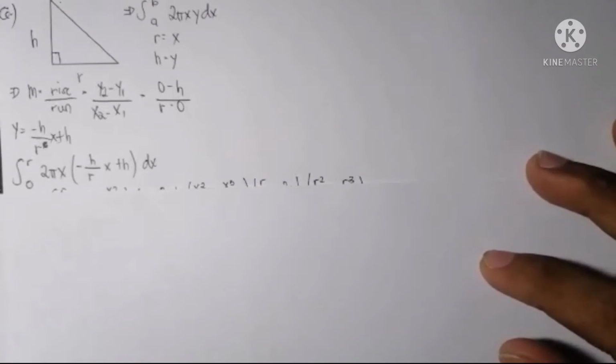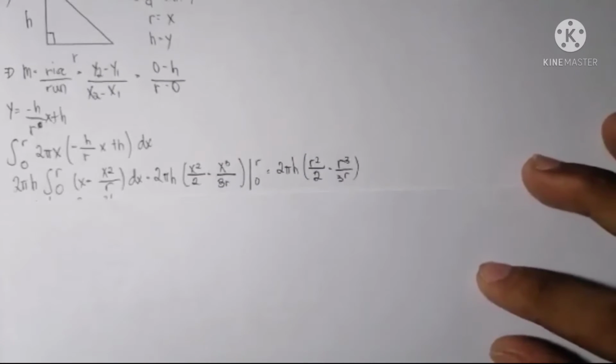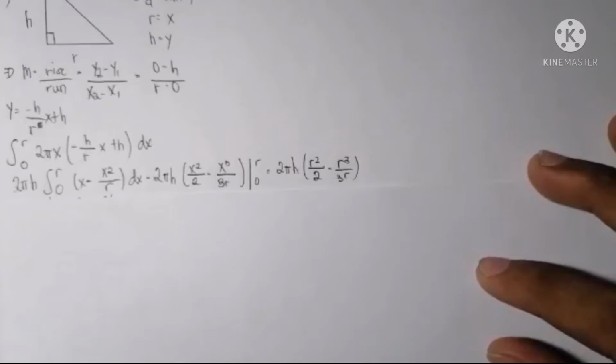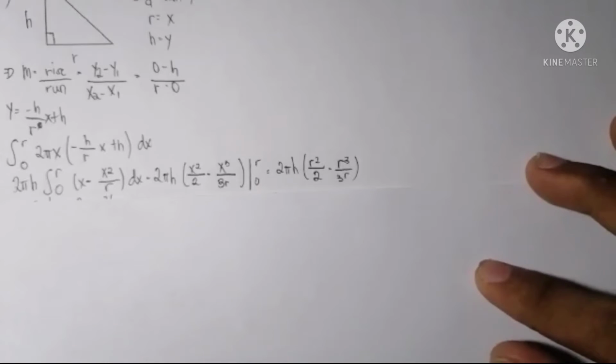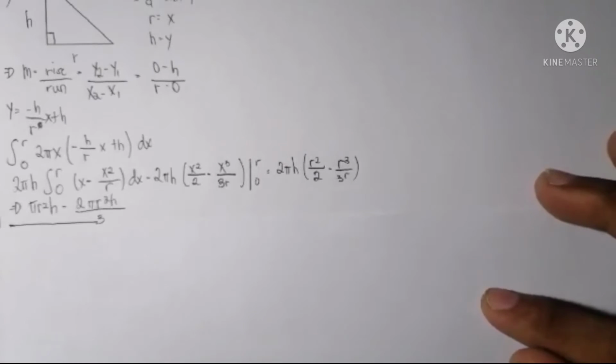So, integral of 0 to r, 2 pi x times negative h all over r x plus h dx. 2 pi h, integral of 0 to r, x minus x squared all over r dx is equal to 2 pi h times x squared all over 2 minus x cubed all over 3r, from 0 to r, is equal to 2 pi h times r squared all over 2 minus r cubed all over 3r.